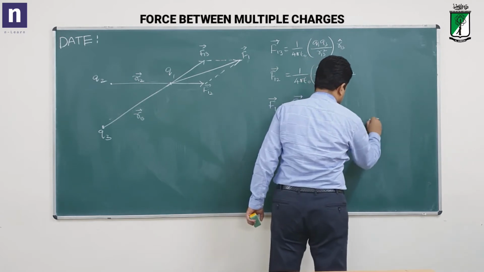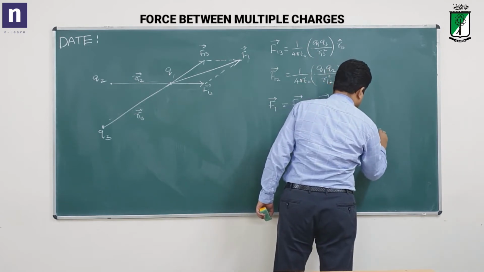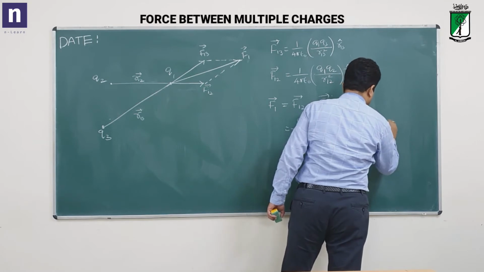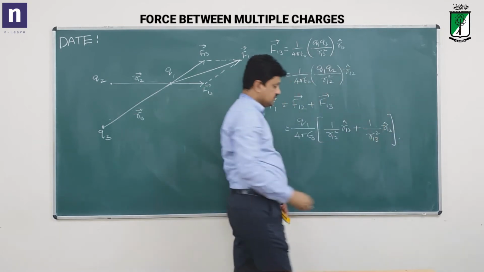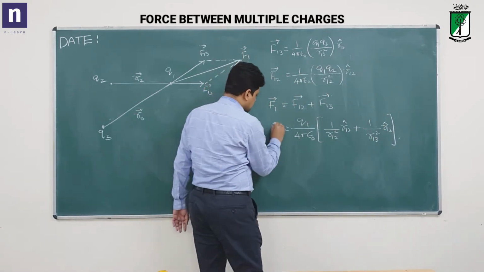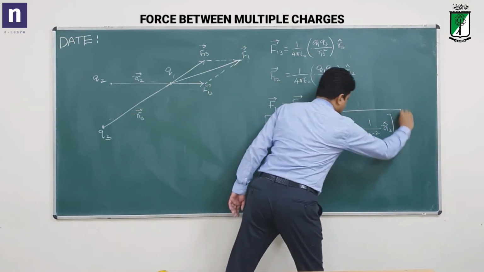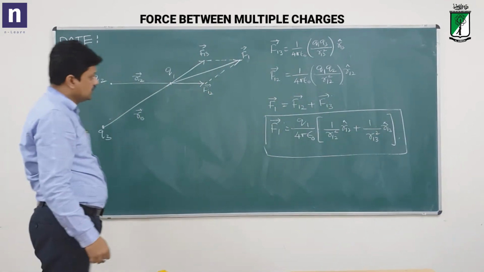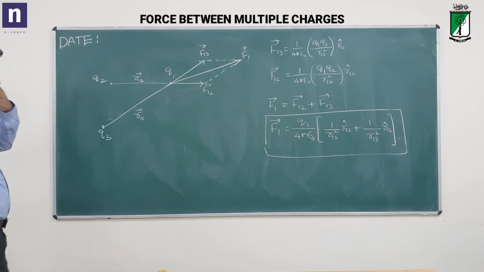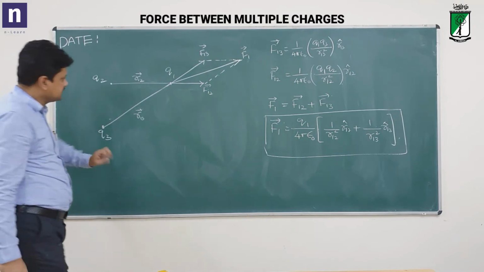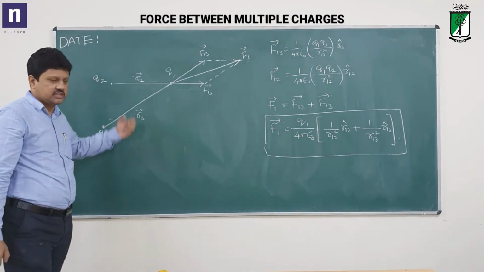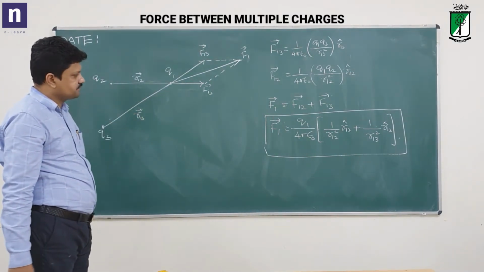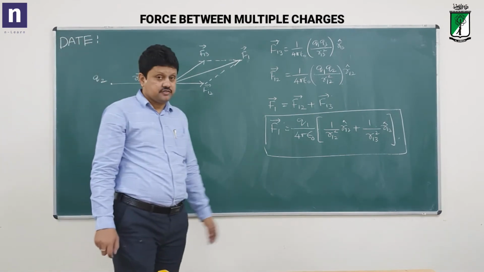This is the net force on charge 1 due to a system of 3 charges, that is Q1, Q2, Q3. That is, charge Q1 experiences a force of so much in the presence of charge Q2 and Q3 in the surroundings. So that's the net force.